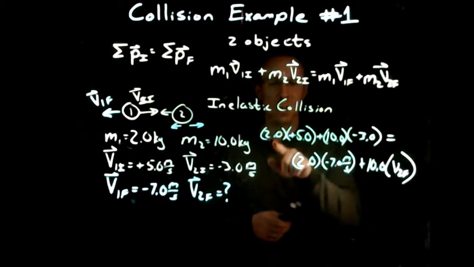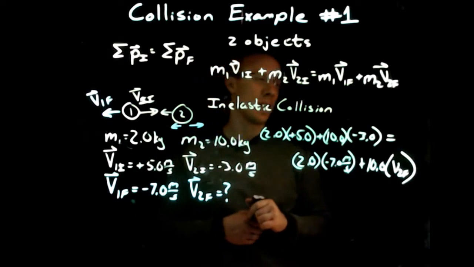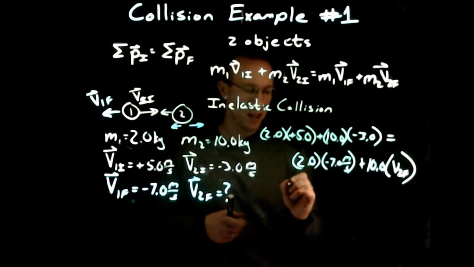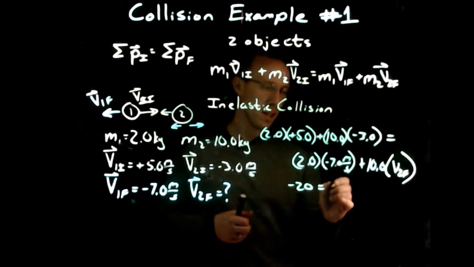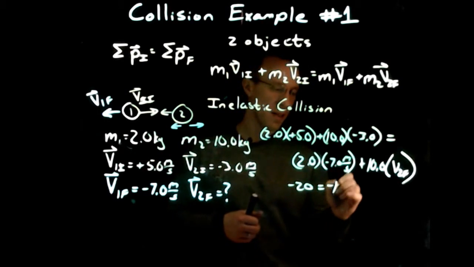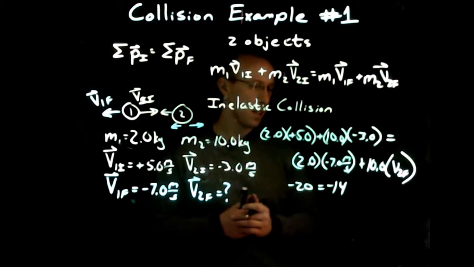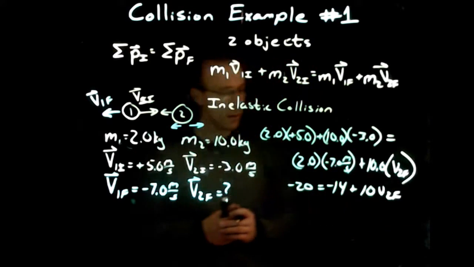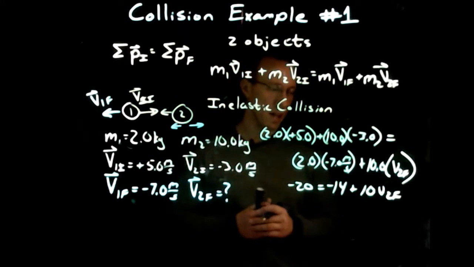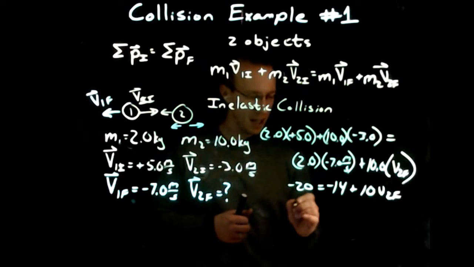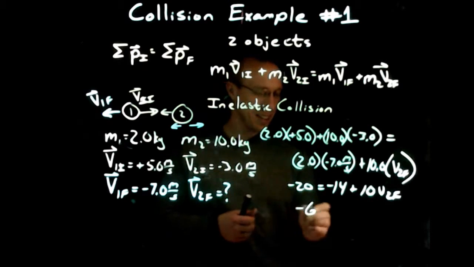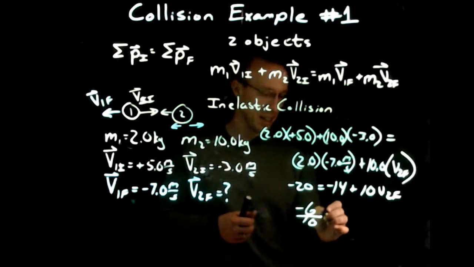All right, so 2 times 5 is 10 minus 30. 10 minus 30 would be -20, which is equal to 2 times -7, 14, plus 10 V2F. I'm going to work this out. I'm going to add 14 to each side. There's a little brain hiccup there. I forgot. 6, and then divide by 10.